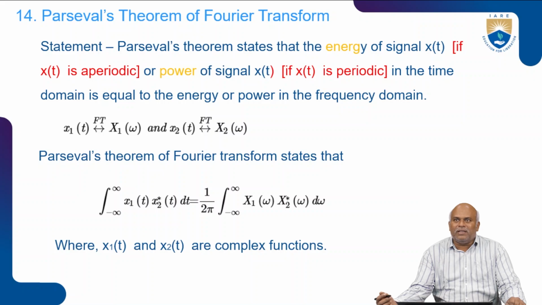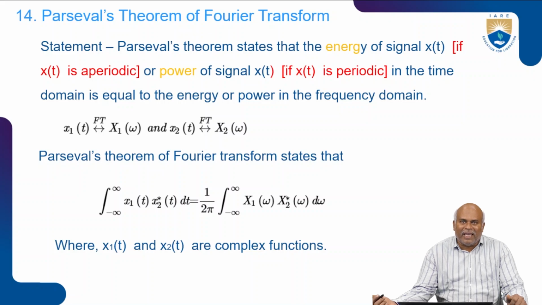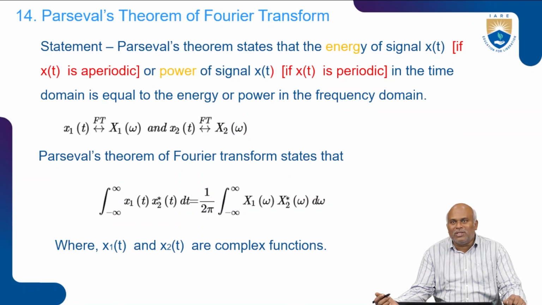If the signal is aperiodic, it is represented as energy, and its Fourier transform gives energy. If the signal is periodic, it produces power in the frequency domain of the Fourier transform.